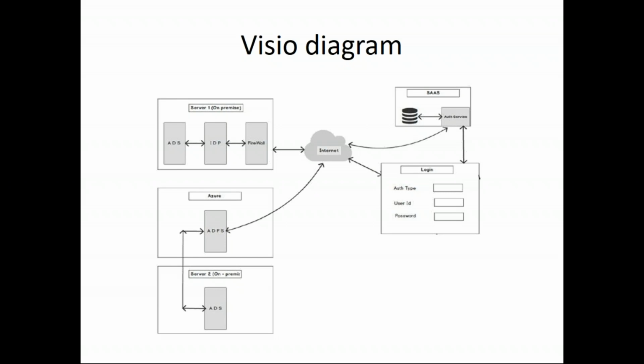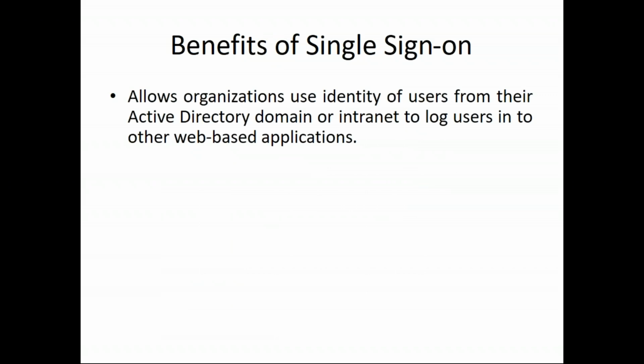Here, ADFS acts as an identity provider. As you can see here, the organization has on-premises Active Directory setup, which is linked to ADFS Cloud and allows their users the access to the resources outside of their organization's network.